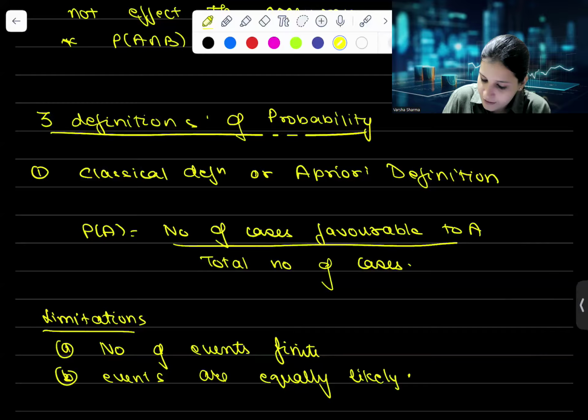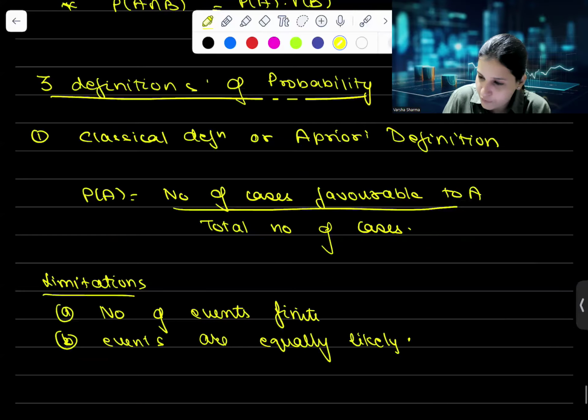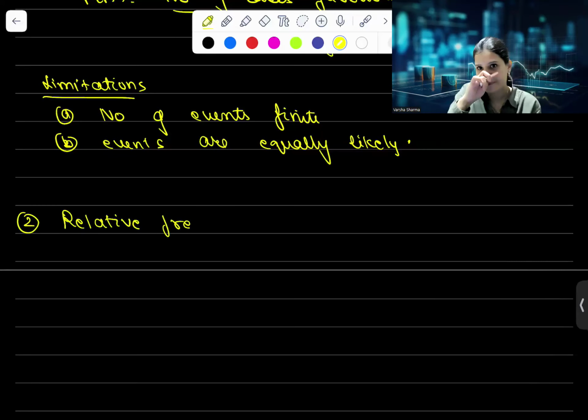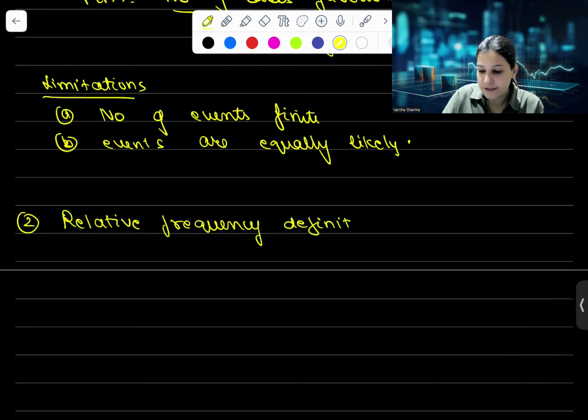Second definition is the relative frequency definition.